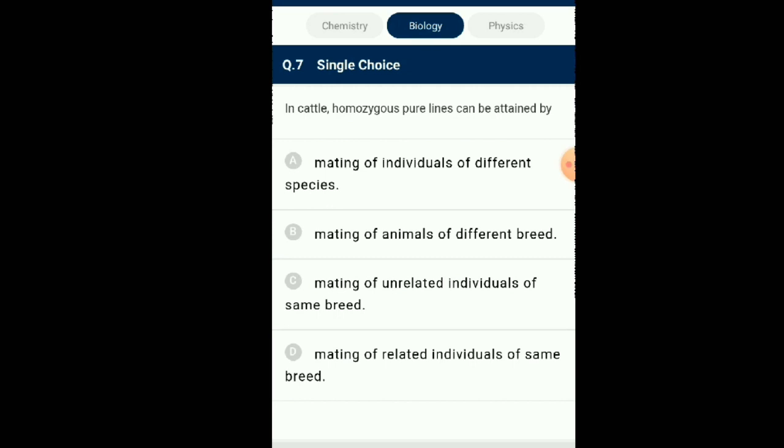The technique involves mating between superior males and superior females, producing more milk per lactation period, of the same breed that are selected and mated in pairs. The progeny obtained as a result of mating are evaluated for superior characteristics. So the answer for this question is option D, mating of related individuals of same breed.